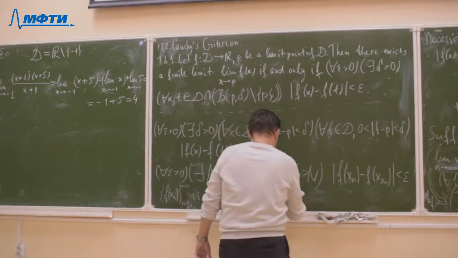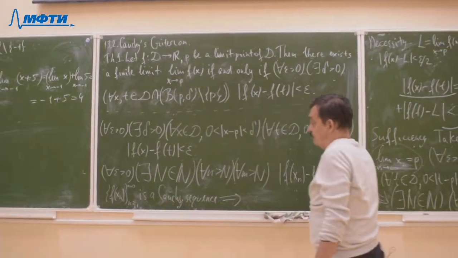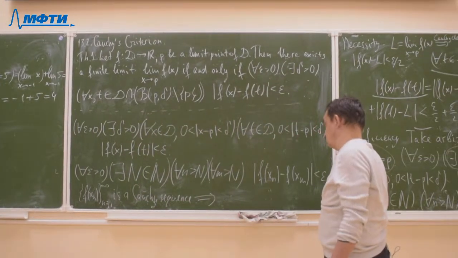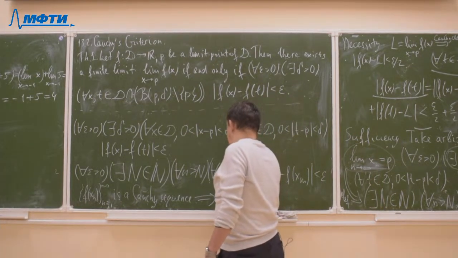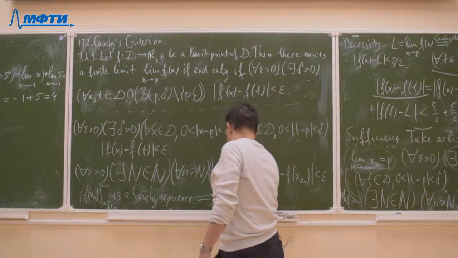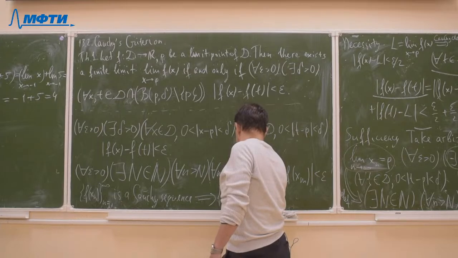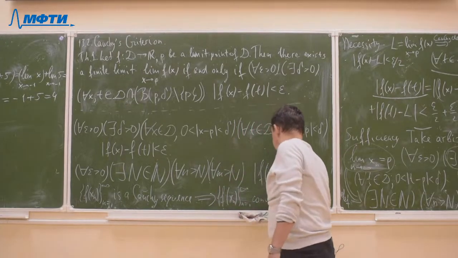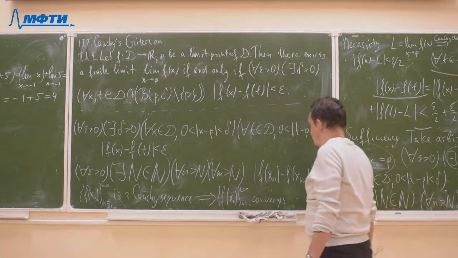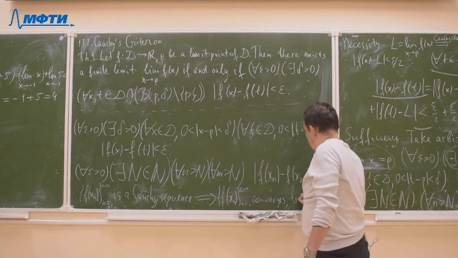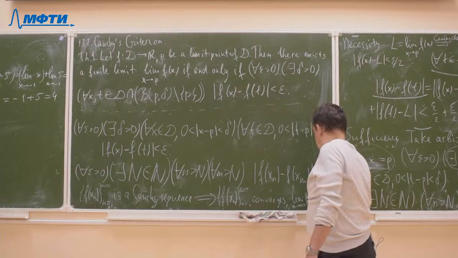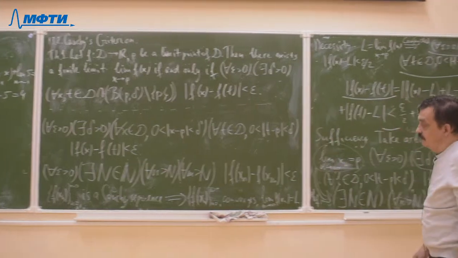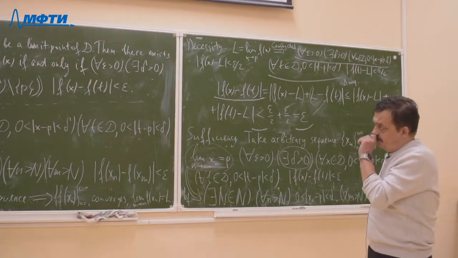Hence, as we have proved in the section about Cauchy sequences, f(xn) converges. Let it be the limit of f(xn) equals L. Did we finish the proof?